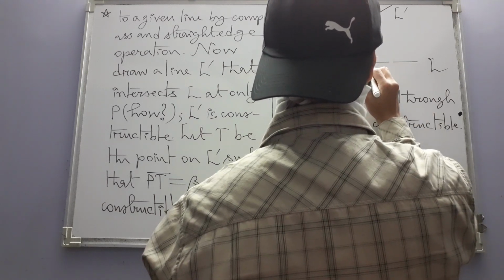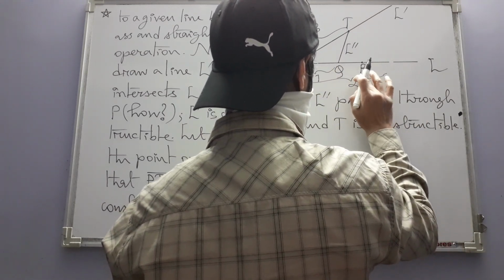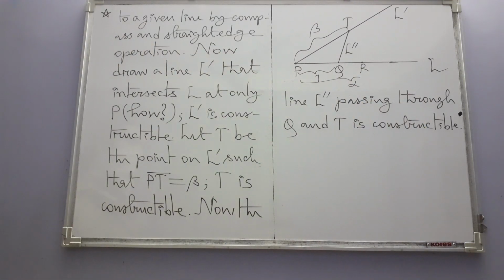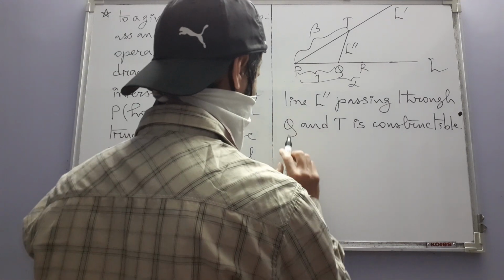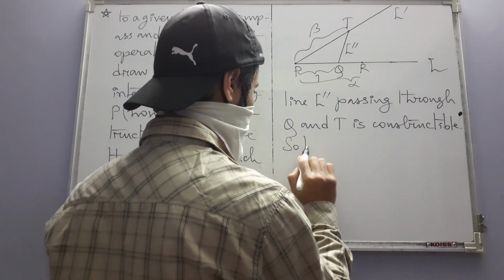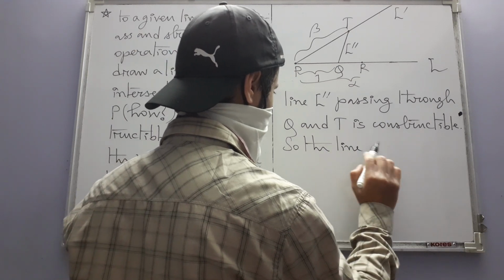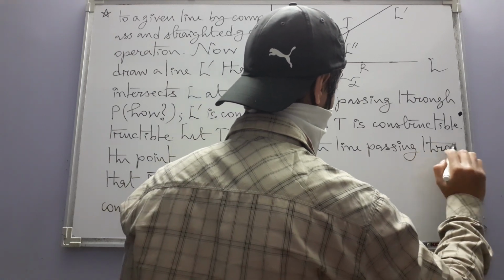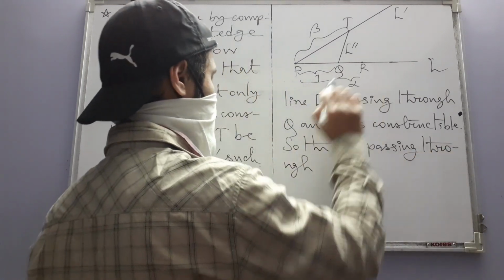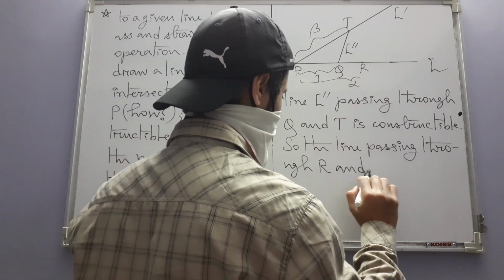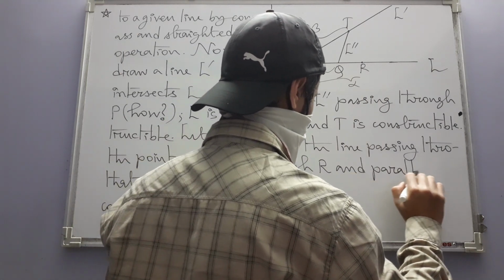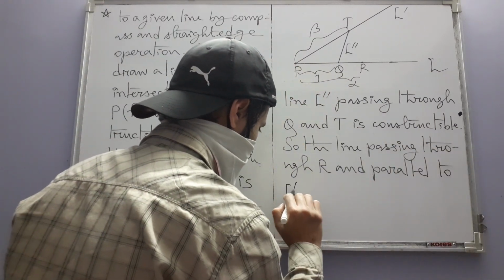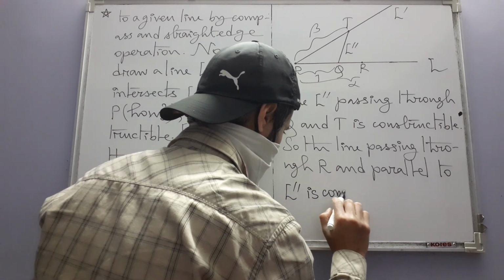So let me draw R a bit closer to Q. So the line passing through R and parallel to L double prime is constructible.